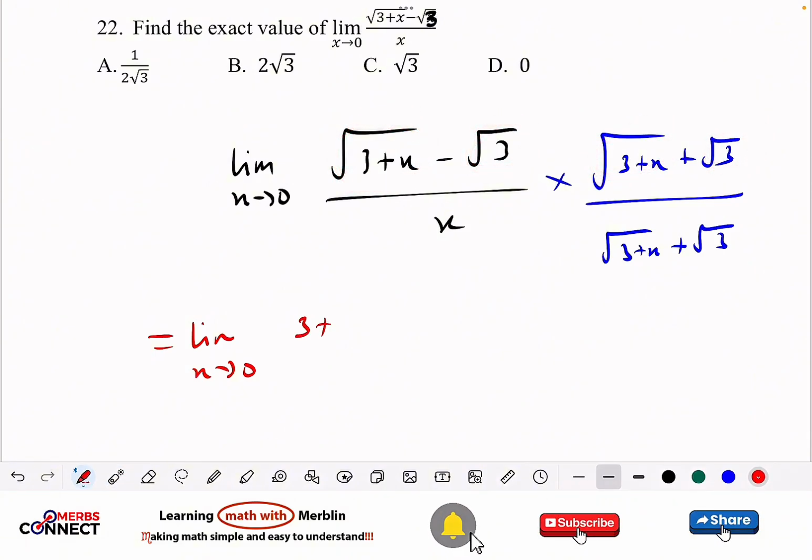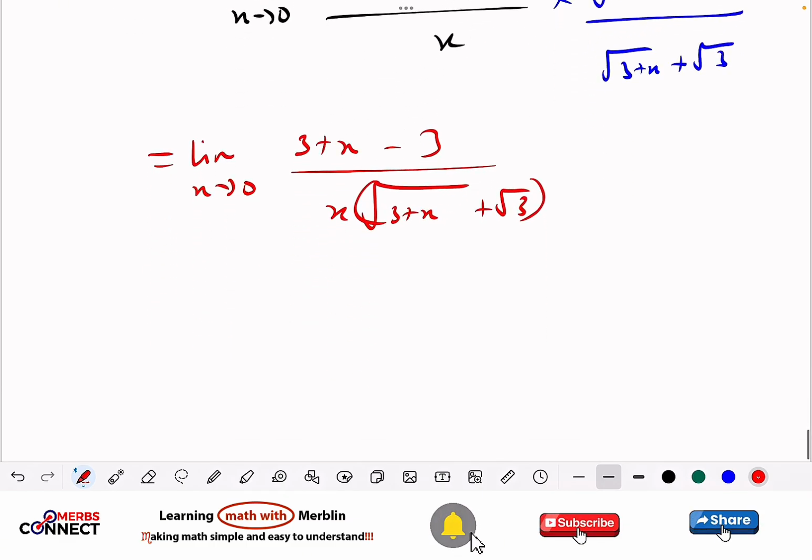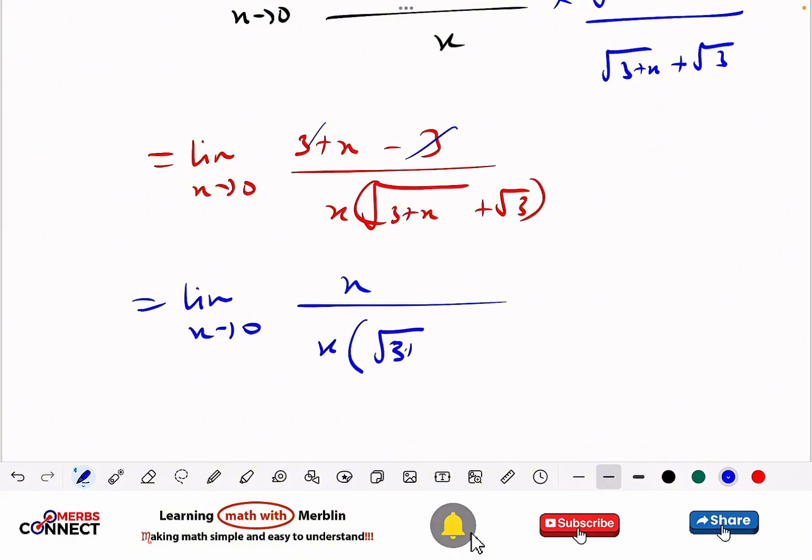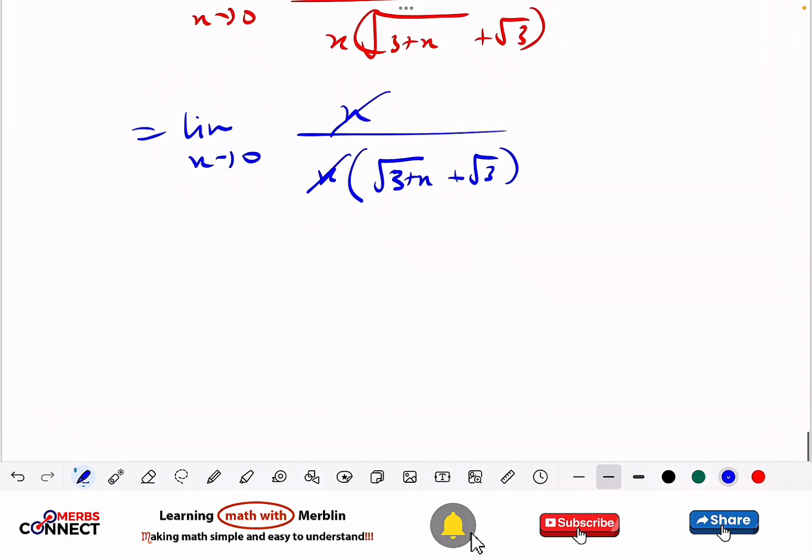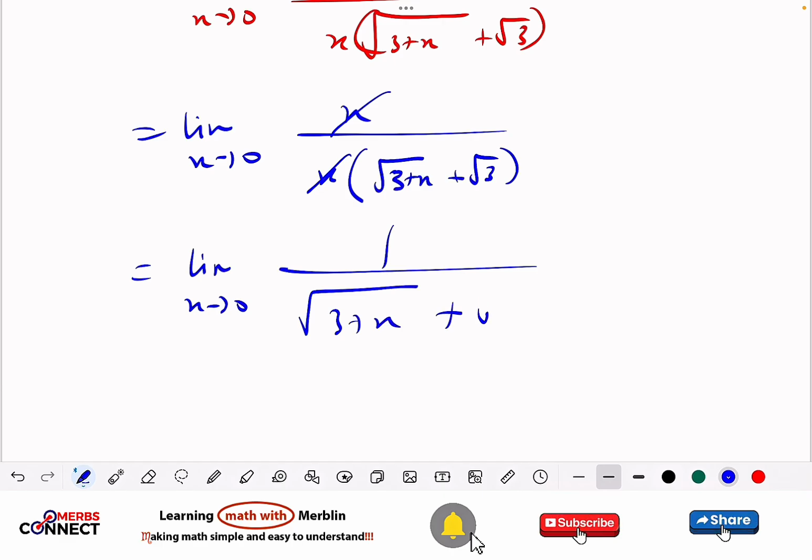So 3 plus x, and then when I multiply, I get minus 3, divided by x times square root of 3 plus x plus square root of 3. Now 3 cancels 3. So I have the limit as x approaches 0 of x divided by x times square root of 3 plus x plus square root of 3. Cancel x, and I have the limit as x approaches 0 of 1 divided by square root of 3 plus x plus square root of 3.